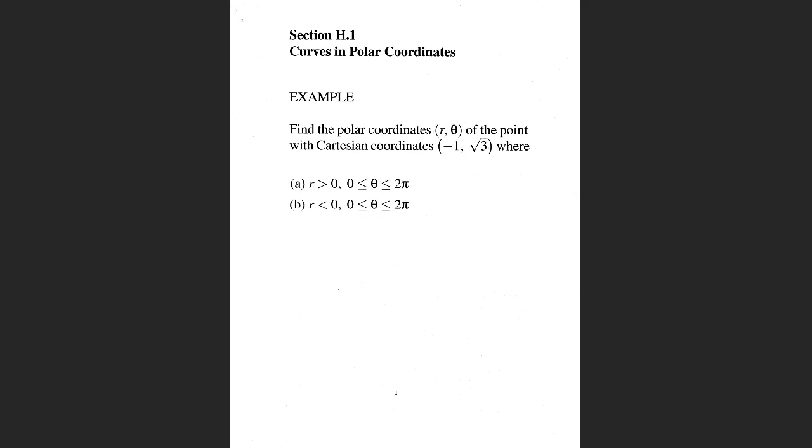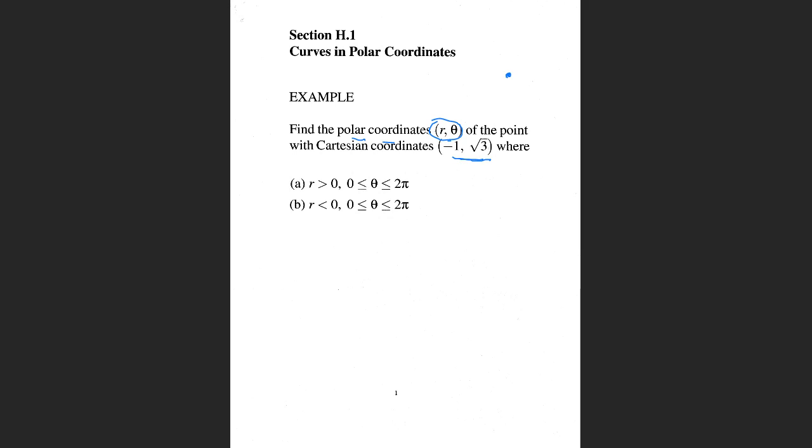Okay, so they want you to find the polar coordinates. Find the polar coordinates of a point with these Cartesian coordinates, -1, √3. One thing that's important to mention is that a point can have an infinite number of polar coordinates.